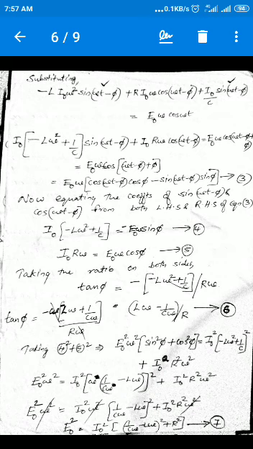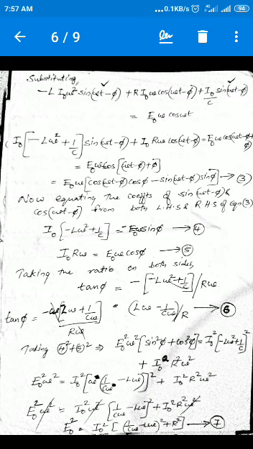And now we take the sin omega t minus phi terms together, and then I0 you can take out, and sin omega t minus phi you can take out, and the remaining will be minus L omega square plus 1 by C inside the bracket, plus the remaining terms we are writing like that itself.